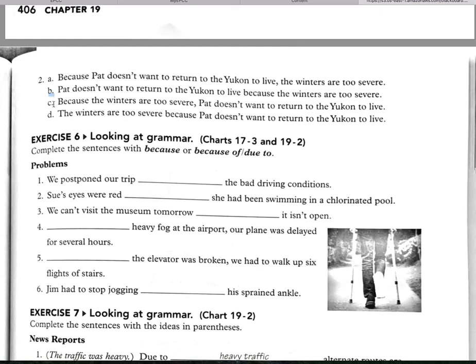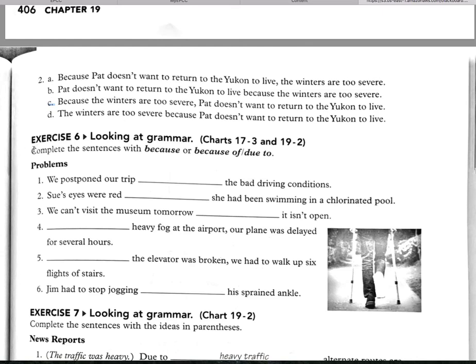Letter C. Because the winters are too severe, Pat doesn't want to return to the Yukon to live. That is also correct. Letter D. The winters are too severe because Pat doesn't want to return to the Yukon to live. That is not correct. So the only ones that are correct are B and C.